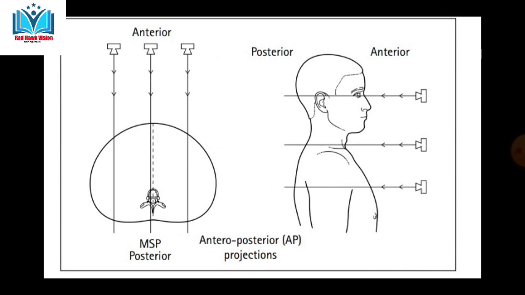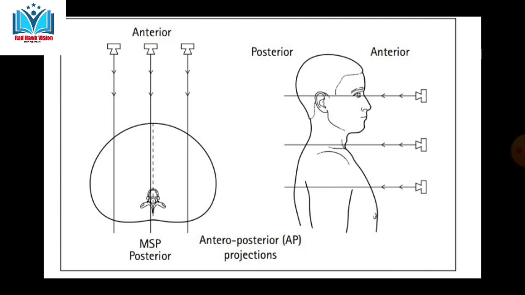Okay, now we want to talk about some projection terminology. We have talked about anatomical terminology in the first video, where we talked about the anatomical position, anterior aspect of the body, posterior, lateral, medial. Positioning terminology, where we talked about the planes of the body, median, coronal, transverse or axial.